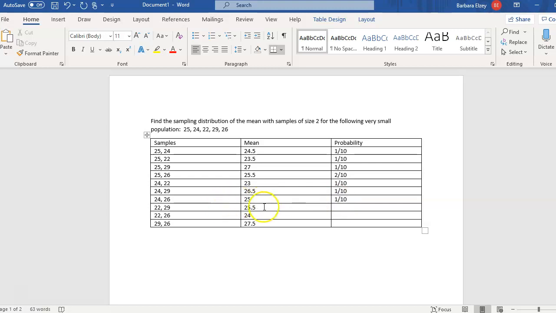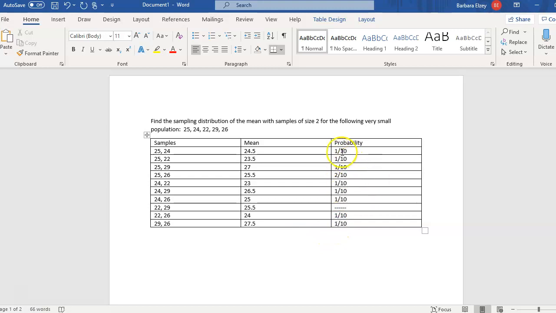Now 25.5, we've already listed its probability, so I'm just going to leave that one blank, showing it was up here. 24 only occurred once, and 27.5 only occurs once.